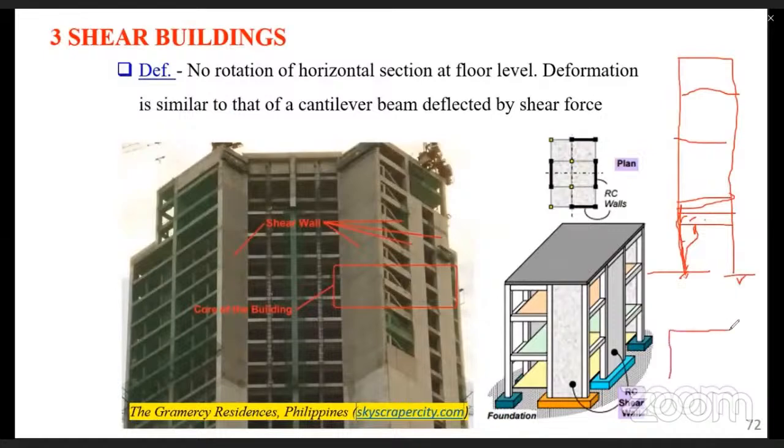If this is our initial structure, and then there is deformation, the deformation occurs like that, and then the girder and floor level deformation also occurs, and the same with the column. But here we are saying there is no deformation at the floor level. So basically it's only the columns which are deforming.